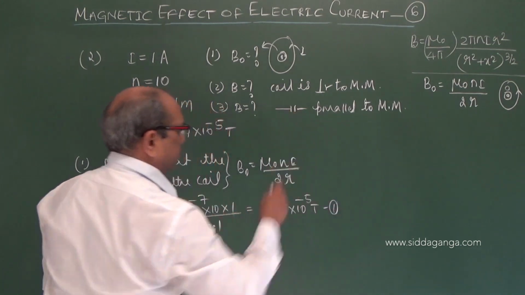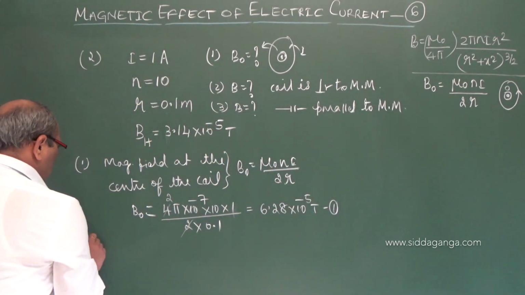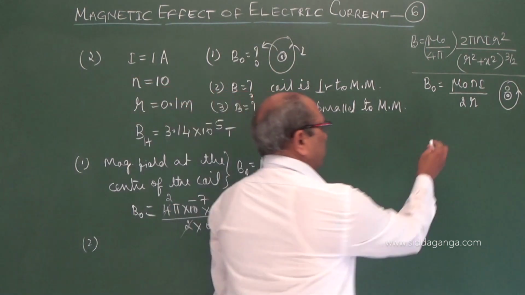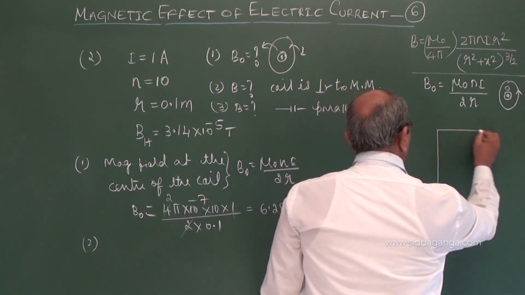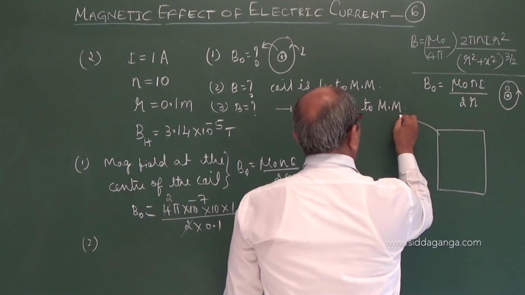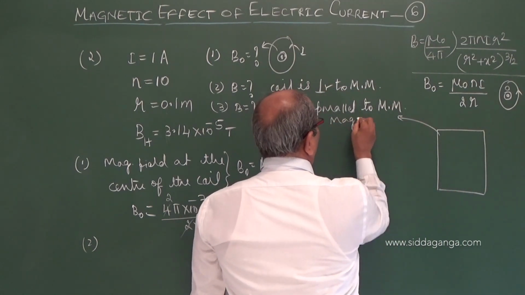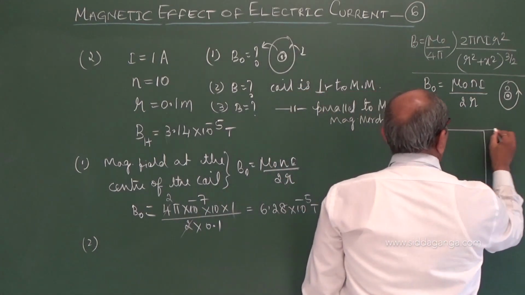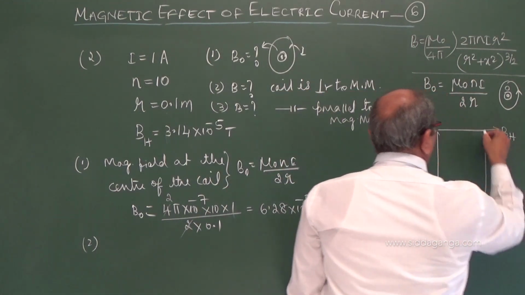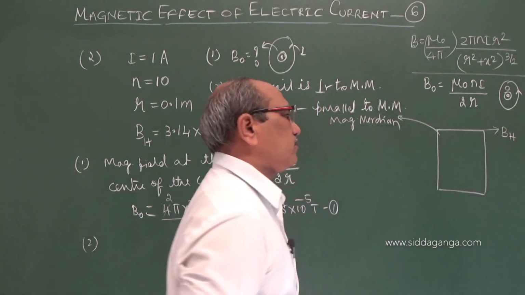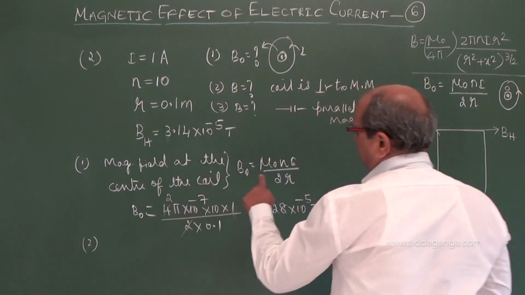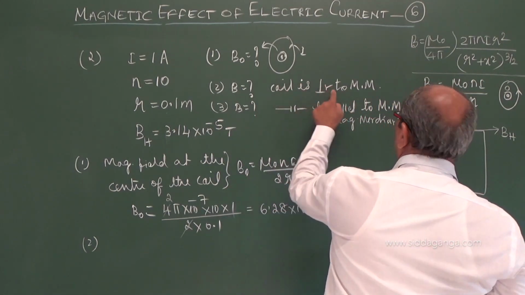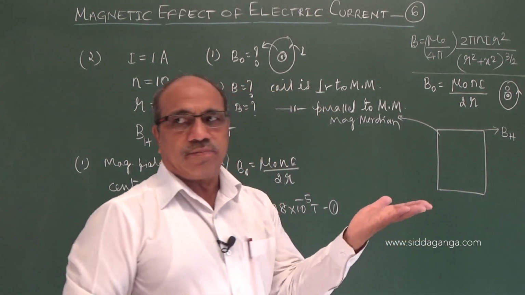One answer is obtained. You already know what is meant by the magnetic meridian. If you take this plane as the magnetic meridian, BH is in this direction and BV is vertically downward. Now the second option: the coil is placed perpendicular to the magnetic meridian.